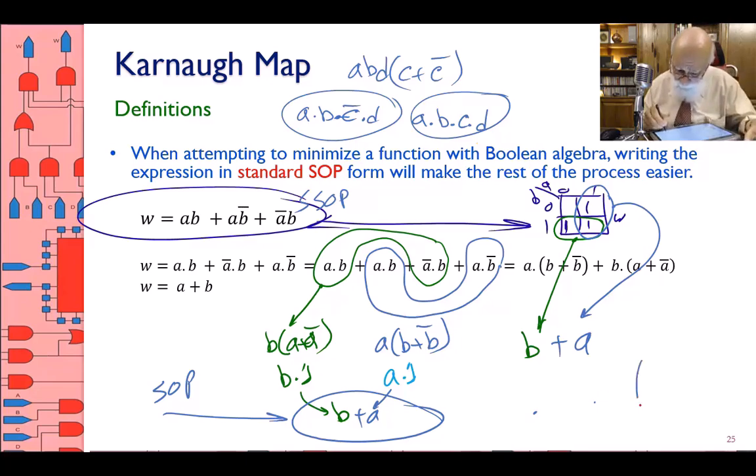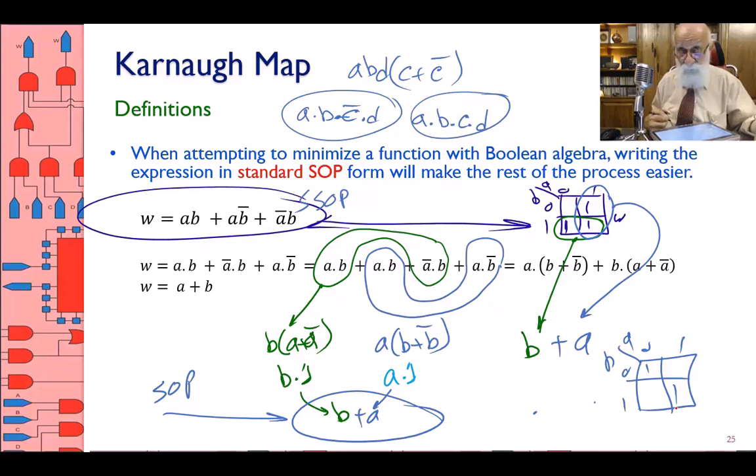Look at this. This is a Karnaugh map. A, B, 0, 1, 0, 1. Are these adjacent? No, they're not, because I say adjacency is if they are along the same row or along the same column. How about Boolean?